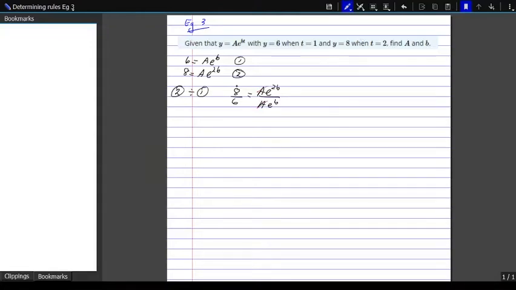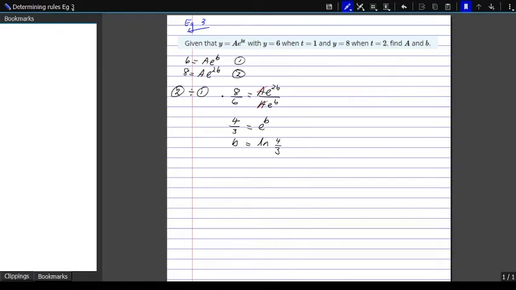We can simplify so that we end up with 4 over 3 equals e to the 2b over e to the b. We're dividing, which means we subtract our indices, so that becomes e to the power of b, which means that b will equal log base e, or the natural log, of 4/3.